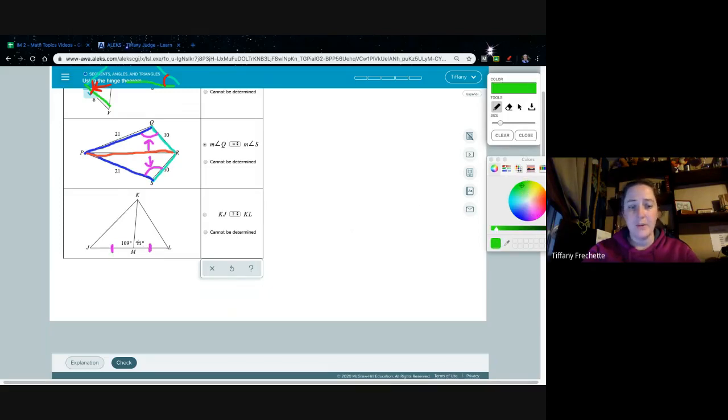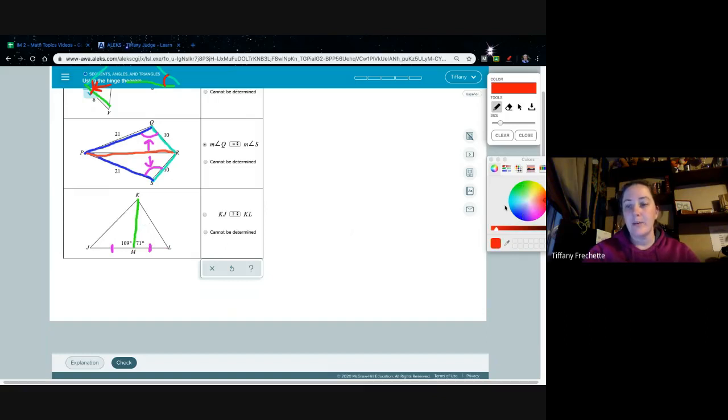So I have one side, I have an angle. Doesn't look like they gave me any other information, but I do have a shared side. So remember, if I have a shared side, KM is equal to itself. So I actually have 2 sides from the left triangle congruent to 2 sides from the right triangle.